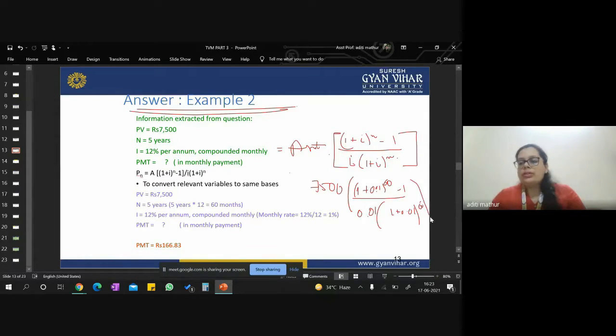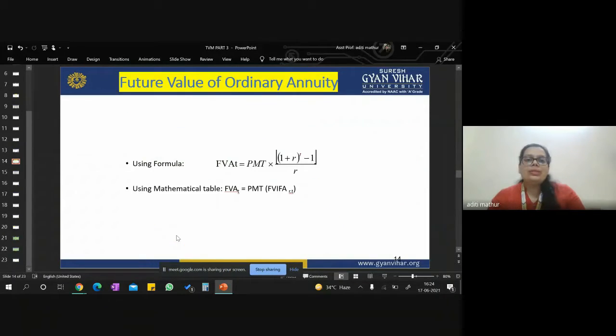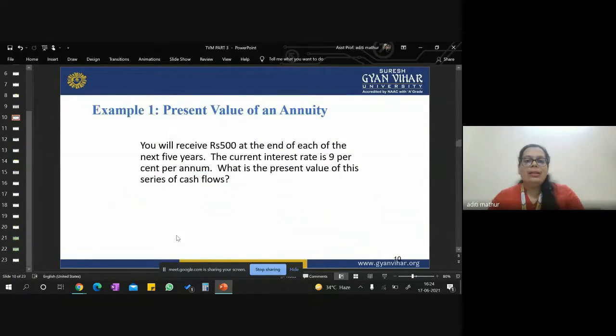Now it is going to take lots and lots of effort for you to type this onto the calculator and calculate this big division. So you can either use the calculator step by step, or you can take the help of a table. So let us take the help of a table, right?